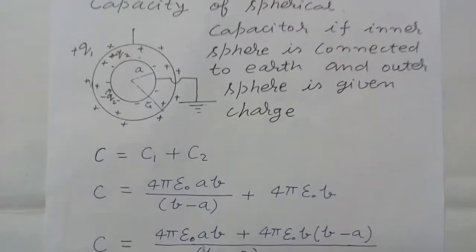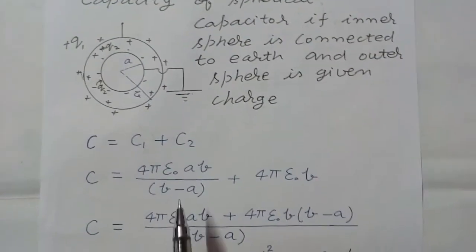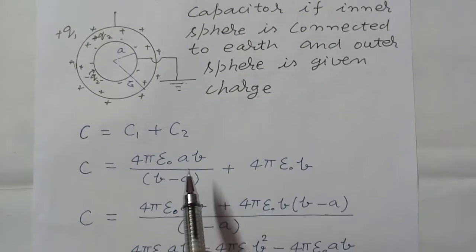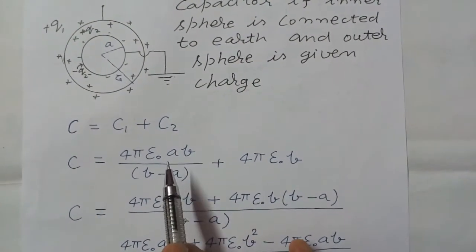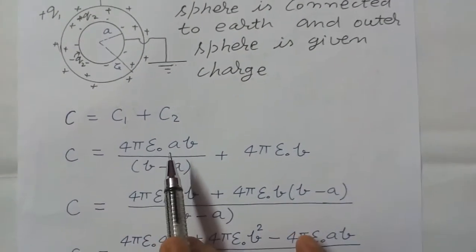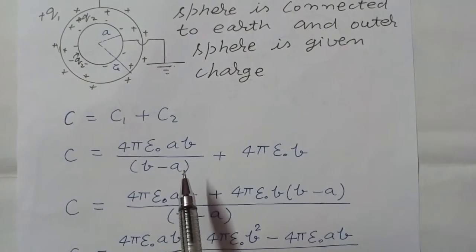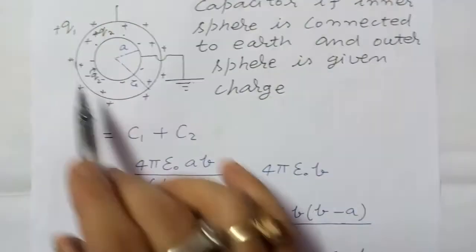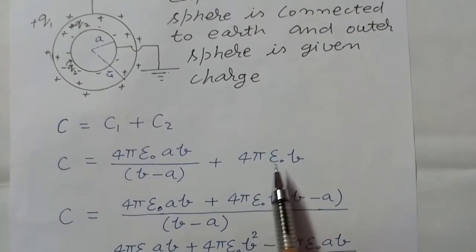So now C will be equal to a combination of two capacitors. C is equal to C1 plus C2, where C1 is the capacity of the spherical capacitor, which is 4 pi epsilon naught AB upon B minus A, and C2 is the capacity of a single spherical conductor, which is equal to 4 pi epsilon naught B.